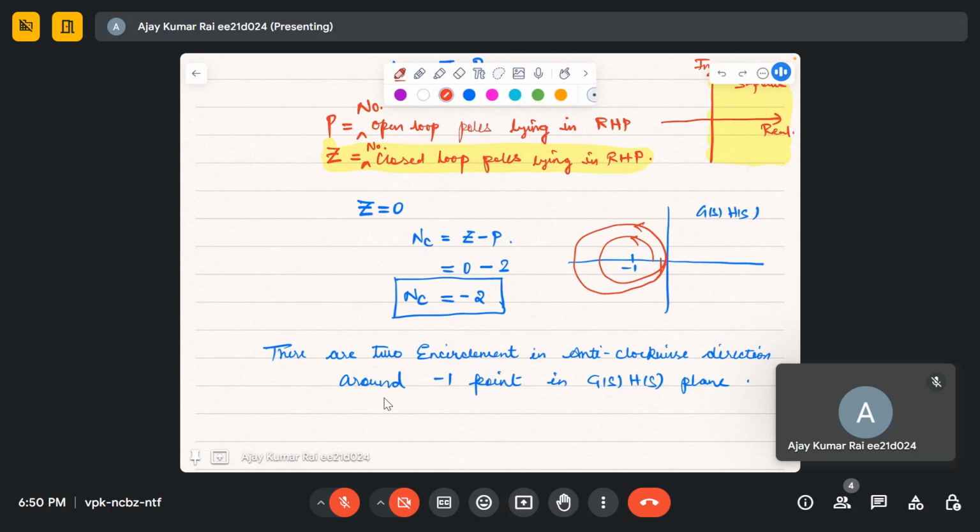Let me just draw it. This is rough. So it's similar to this: two encirclements, anti-clockwise.